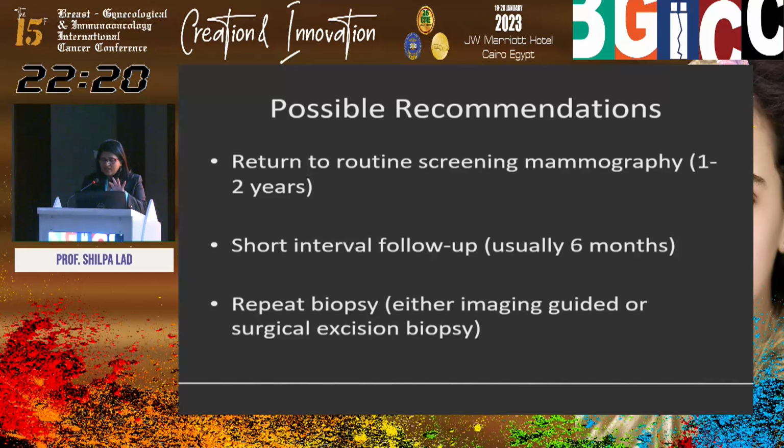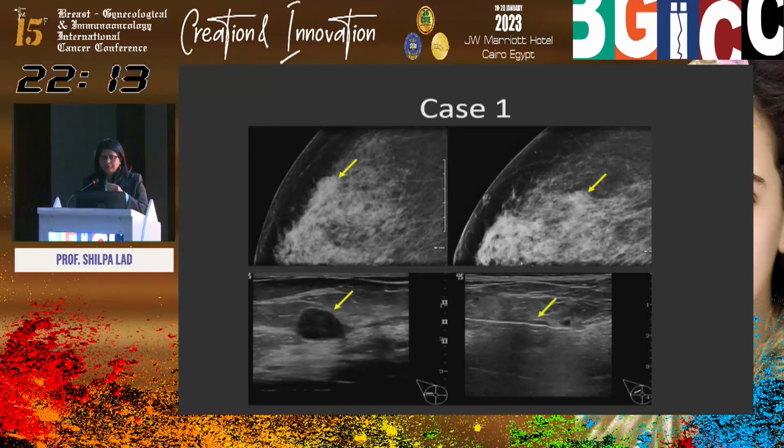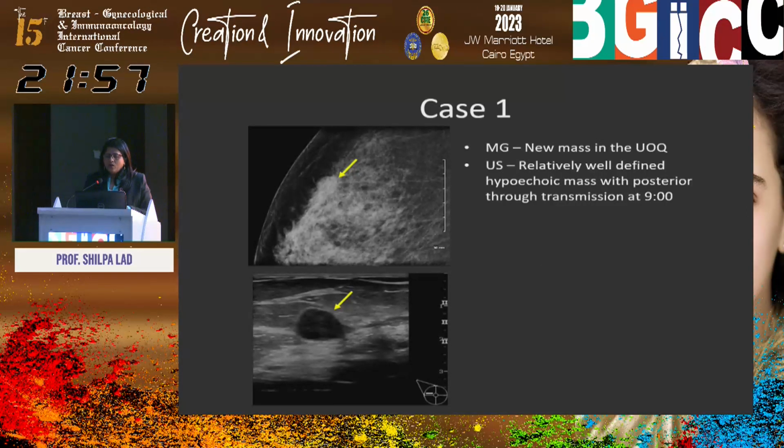I have made a set of 5 cases here before we embark on the actual lesions to understand how we do this process. This is case 1. Patient presents with a new onset palpable lump in the right breast, okay? We see a partially circumscribed mass with some peripheral spiculations. On ultrasound, it corresponds to what looks like a partially circumscribed hypoechoic mass, okay?